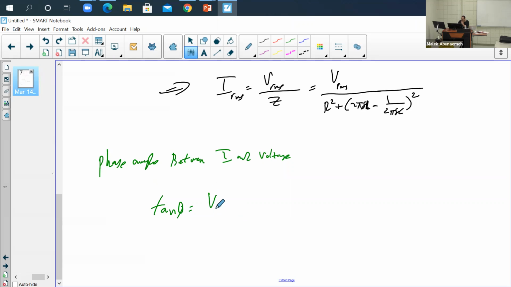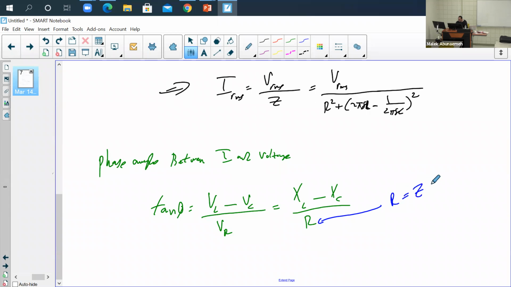Your tan theta is your inductive voltage minus the capacitive voltage divided by your resistor voltage, which is going to be your XL minus your XC divided by your R. Again, I'm not going to go into a lot of the math, but your resistance R is going to be defined as Z cosine theta, where cosine theta is called the power factor of the circuit.